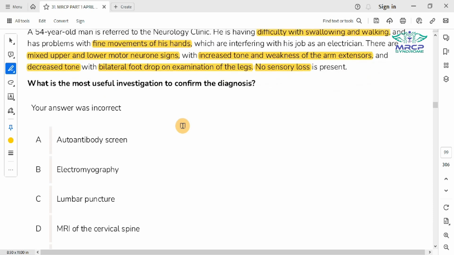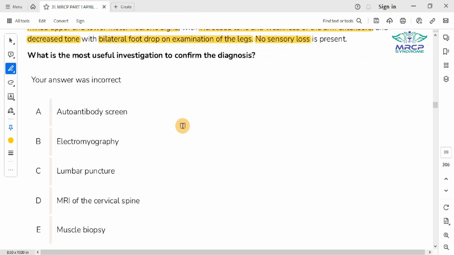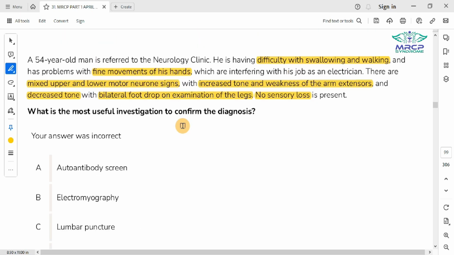What is the most useful investigation to confirm the diagnosis? Autoantibody screen, electromyography, lumbar puncture, MRI of the cervical spine, or muscle biopsy. A 54-year-old man is referred to the neurology clinic. He is having difficulty with swallowing and walking and has problems with fine movement of his hands, which are interfering with his job as an electrician.